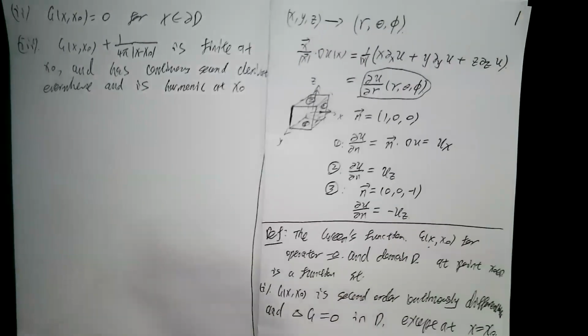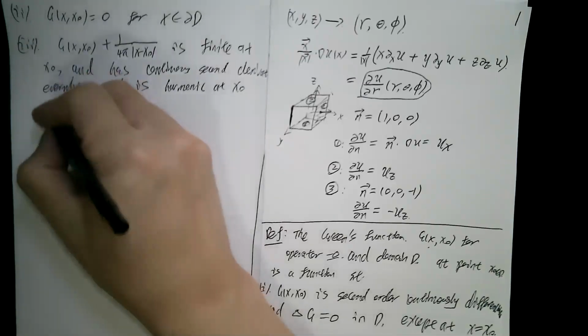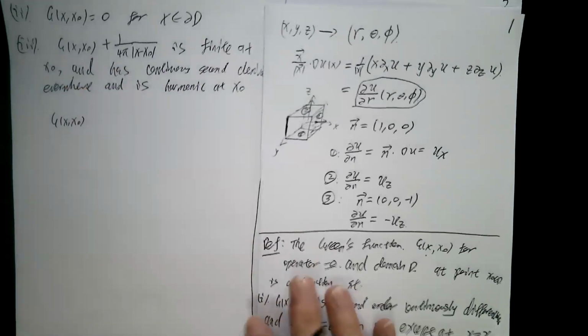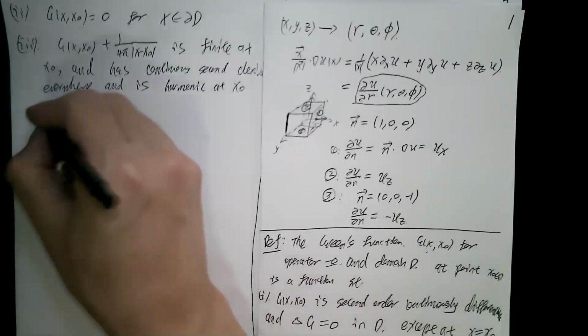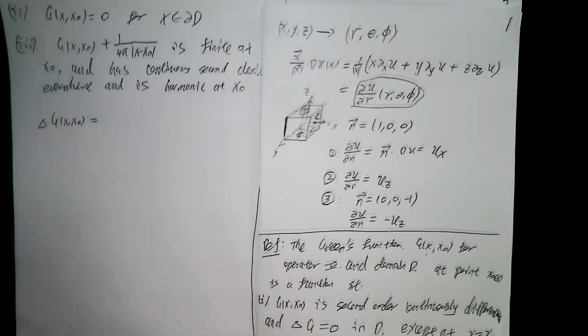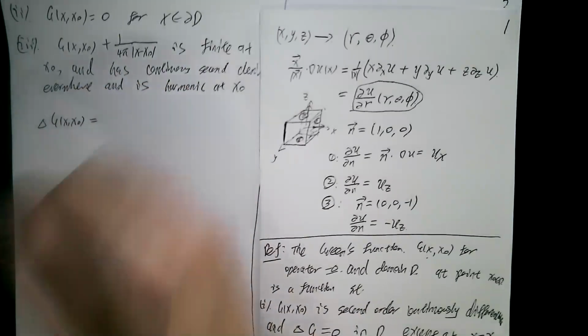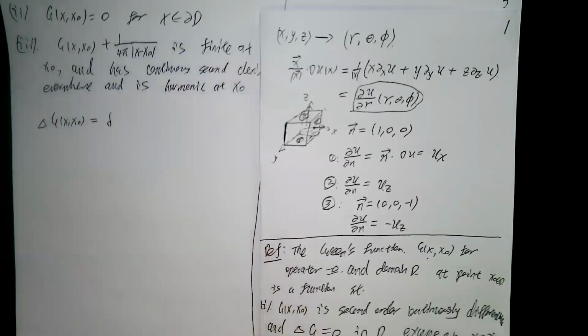On the other hand, as I mentioned last time, if you are able to understand what generalized functions are, you may think of G(x, x0) as a solution to this partial differential equation, where you take the Laplacian.